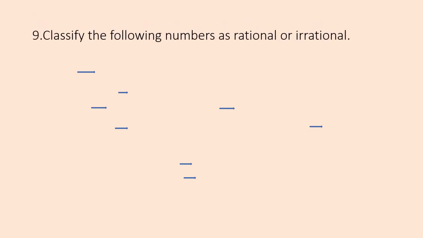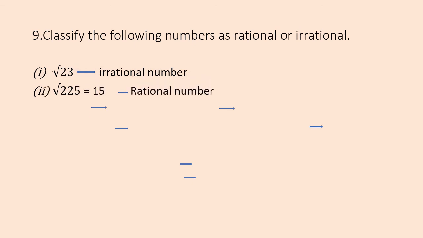Question number 9. Classify the following numbers as rational or irrational. Number 1, root 23. The square root of any prime number is irrational. 23 is a prime number, so the square root of 23 is an irrational number. Next, square root of 225. 225 is a perfect square, that is 15 square, so the square root of 15 square is 15.